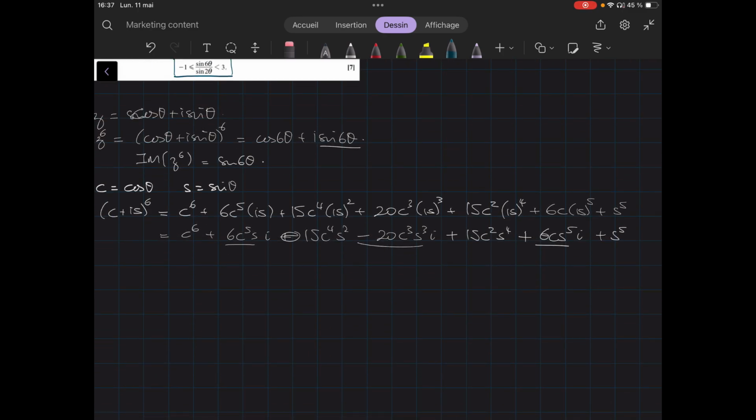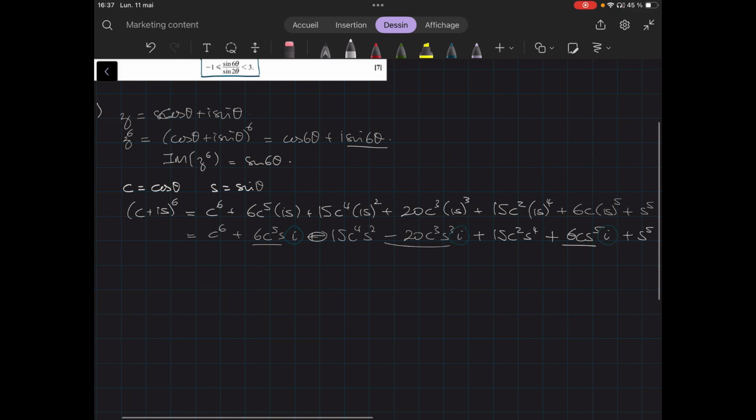I've underlined all the terms that contain i. These will form the imaginary part. Factorize the cosine out.